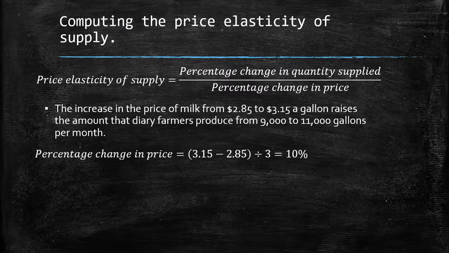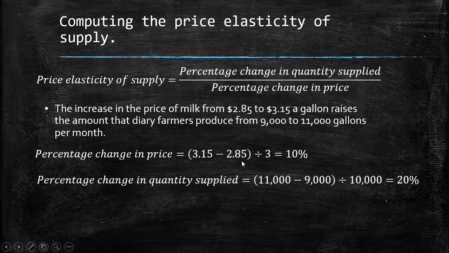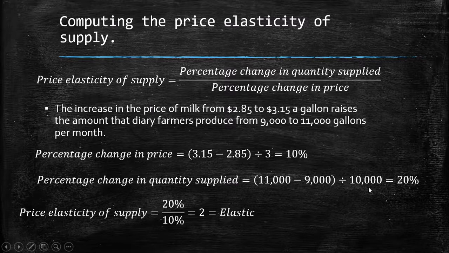So what is the percentage change in price? It's going to be the subtraction of these two divided by 3. Why 3? Because it's the midpoint between these two. So it's 10%. And the percentage change in quantity supplied is going to be this one divided by 10,000, which is the midpoint.